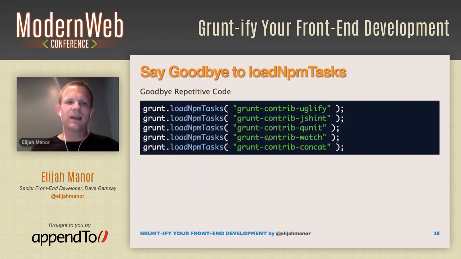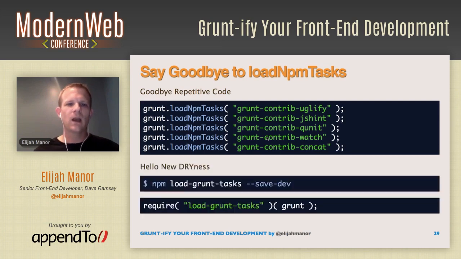So the first part, loading each npm module, seemed very repetitive because we listed those things in our package JSON. Wouldn't it be cool if it was just smart enough? So goodbye repetitive code. All this code, we could just get rid of it. There's another npm package called load-grunt-tasks.